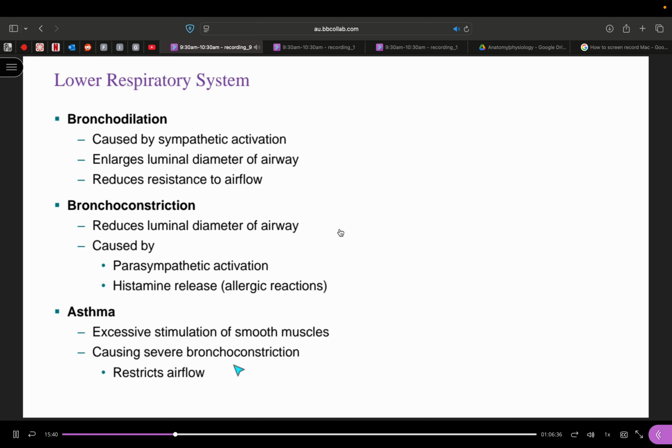Asthma is an excessive stimulation of the smooth muscles, which causes severe bronchoconstriction. Anyone here who gets asthma, that gives you a little bit of an insight in regards to what's happening. It means your lungs are undergoing way too much stimulation on the smooth muscle cells, and then immediately histamine gets released, and you end up having a lot more puffiness associated with your lungs.